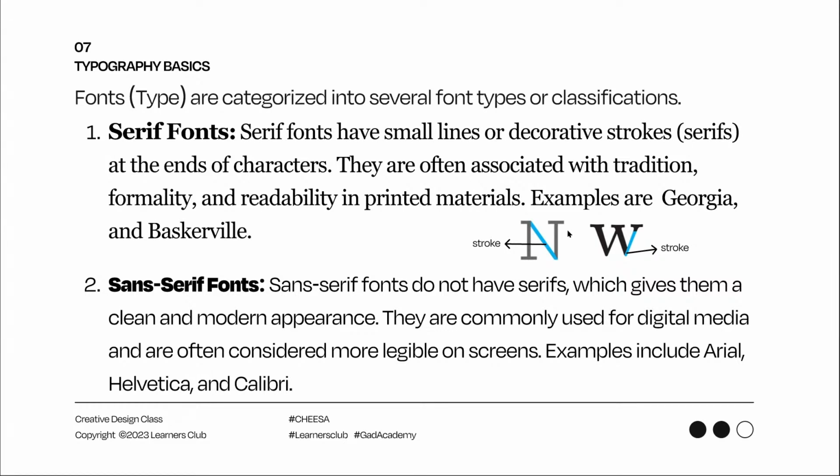And then the W has one very heavy line or stroke, and then another thin stroke. So it combines a heavy and then a thin line to write the W. So when we talk about lines or strokes, that's what we are talking about.